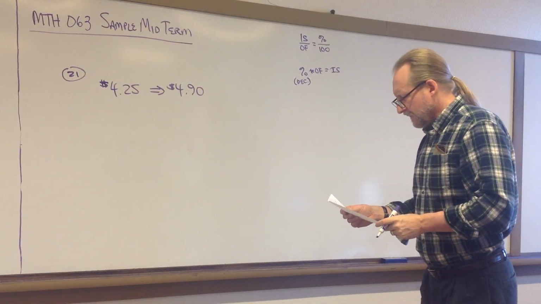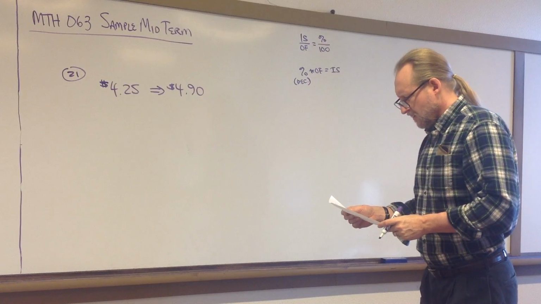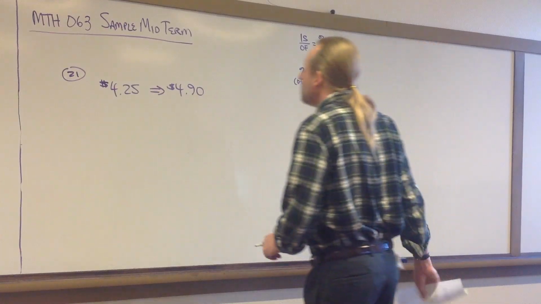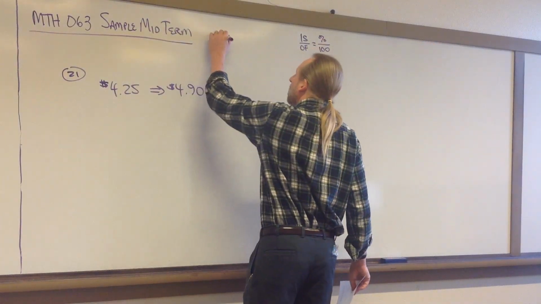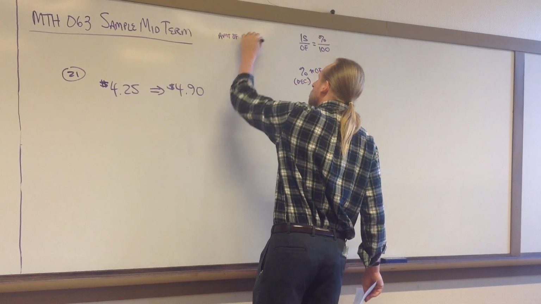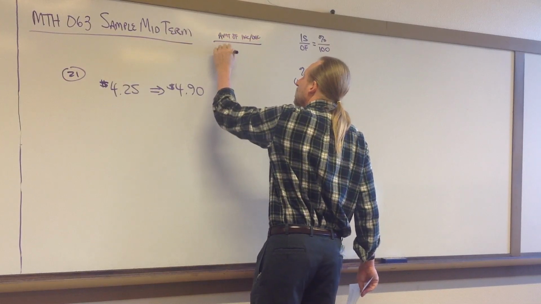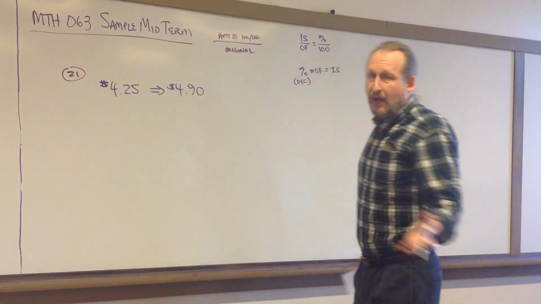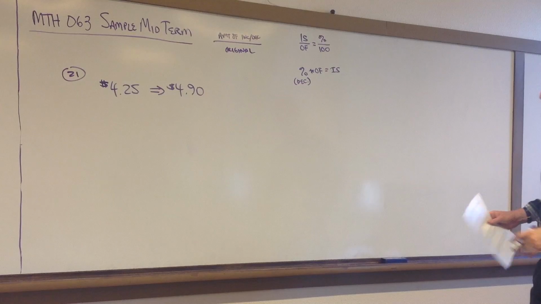Find the percent increase. So remember, percent increase means that you take the amount of the increase or decrease, as the case may be, and divide it by the original value, price, or whatever it may be.